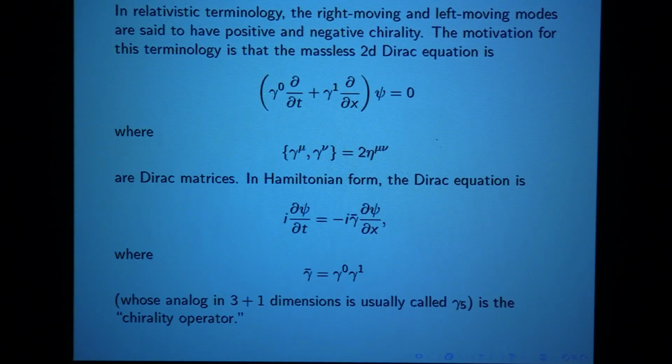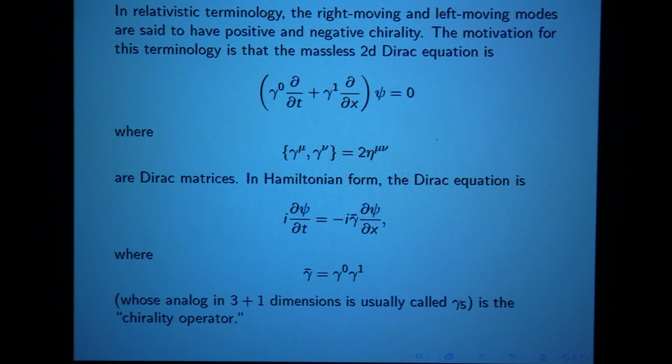And then we would like to multiply the whole equation by i, so the left-hand side will be i d by dt of psi, and then the right-hand side should be the Hamiltonian. So we move the d by dx term to the right-hand side, move the gamma 0 over and multiply by i, and we get the Dirac equation in Hamiltonian form. And the Hamiltonian is minus i gamma bar d by dx, where gamma bar is the product of the two gamma matrices.